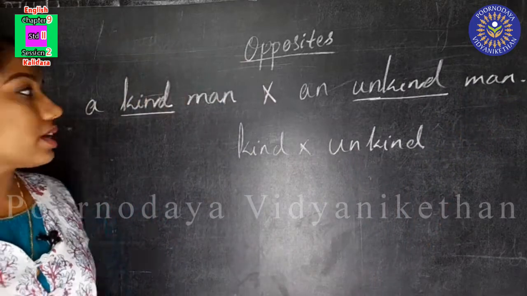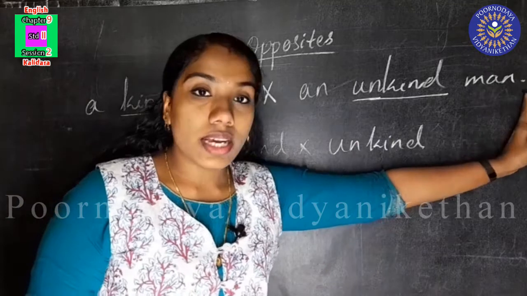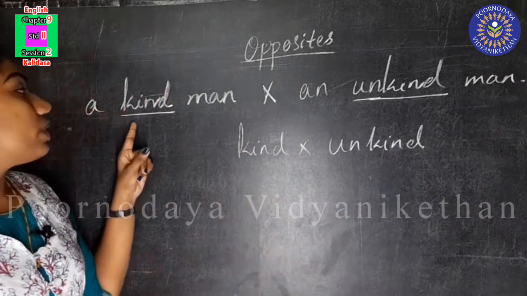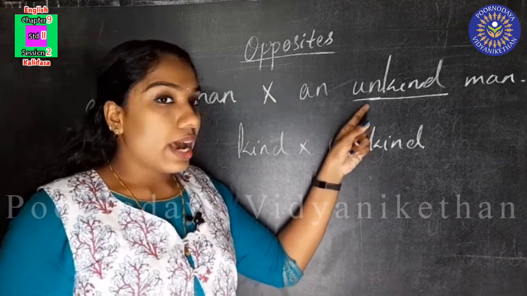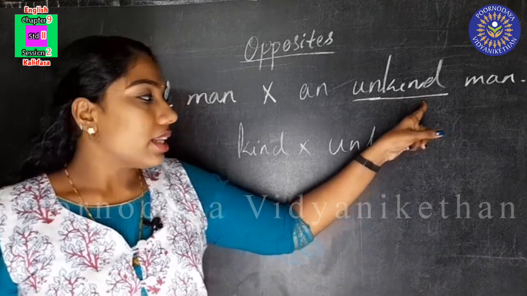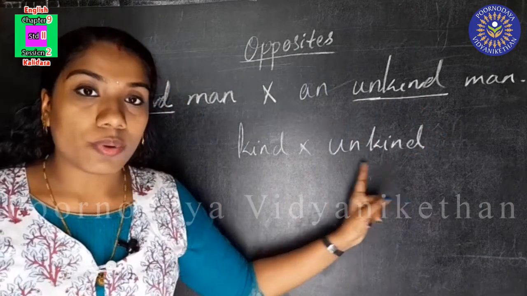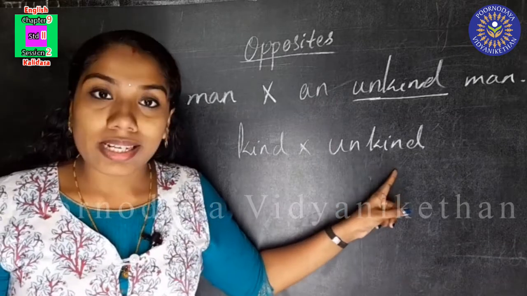Did you understand, children? A kind man, an unkind man. Here, the word kind is the adjective. Here, we added un with the word kind. Then, it is the opposite of the word kind. Kind, opposite is unkind.